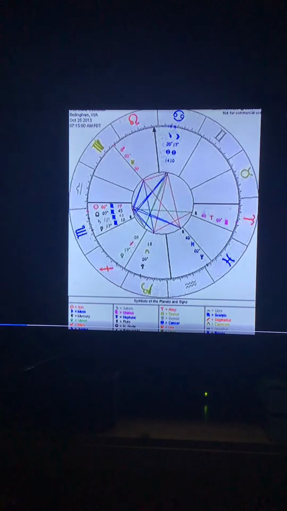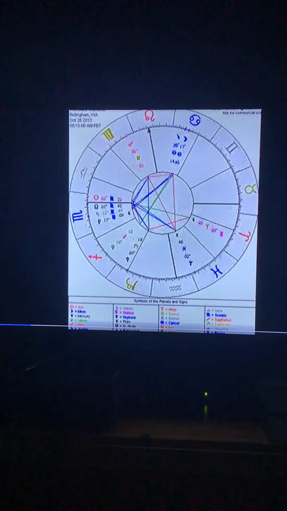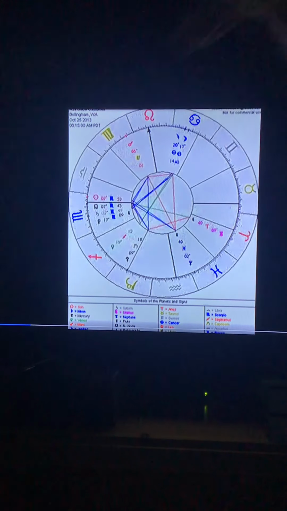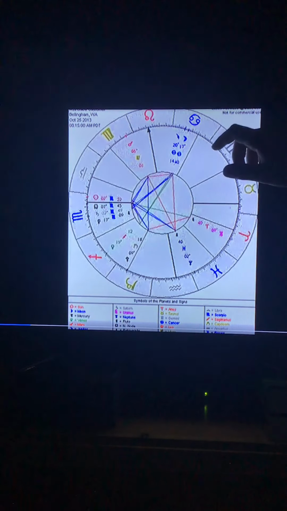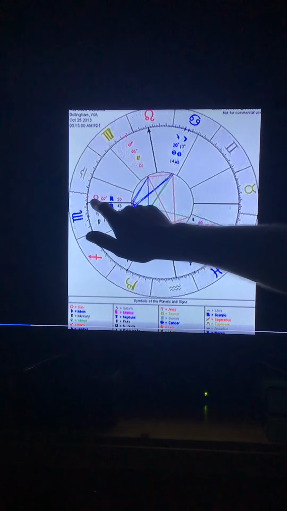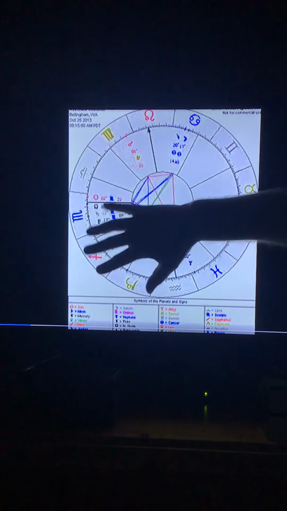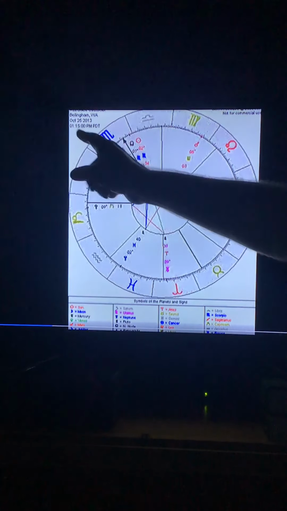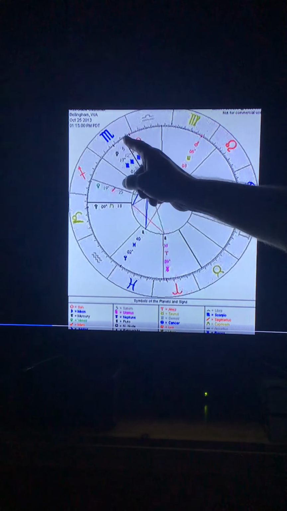All right. So we've got 8:15 a.m. You can see right there. Each one of these frames is in 15-minute increments. At 8:15 a.m., that's the symbol for the sun. You can see it rising up over our eastern horizon. And then at 1:15, it's just crossed the midheaven right around there and is about to set.